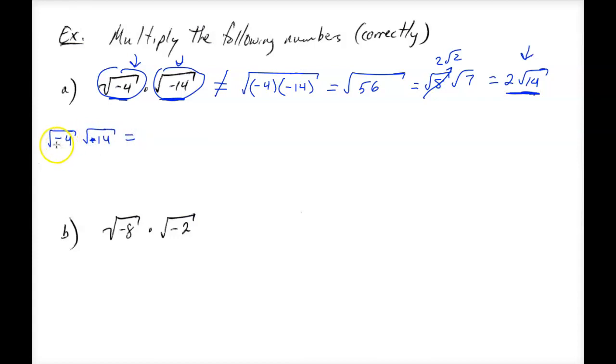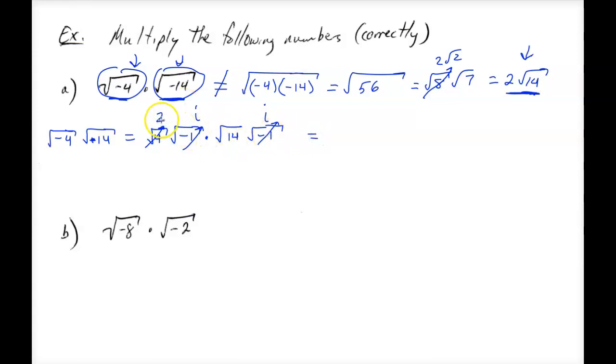So here, if we were to work on this properly, we would first have to say this is square root of 4 times square root of -1 times square root of 14 times square root of -1. And we know that the square root of -1 is just i. Square root of 4 is just 2.